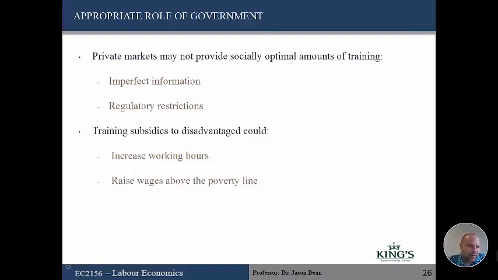If you remember from your microeconomics class, the optimum in a market is, if you think of the demand and supply curve, and the demand curve as being the marginal benefit and the supply curve being the marginal cost, unless externalities are incorporated into those curves, the socially optimum amount typically won't be produced.